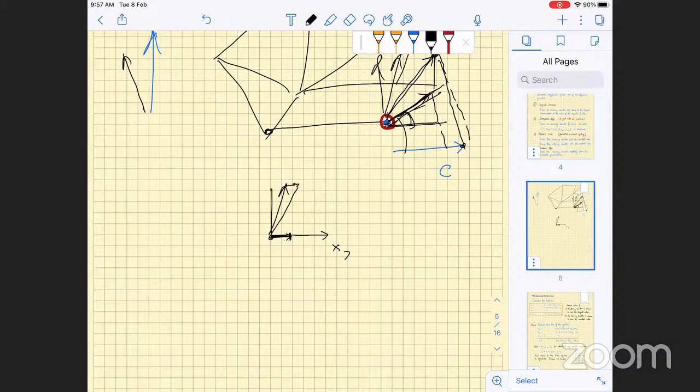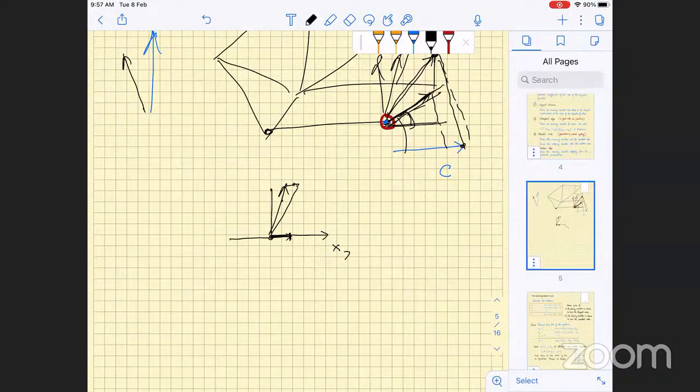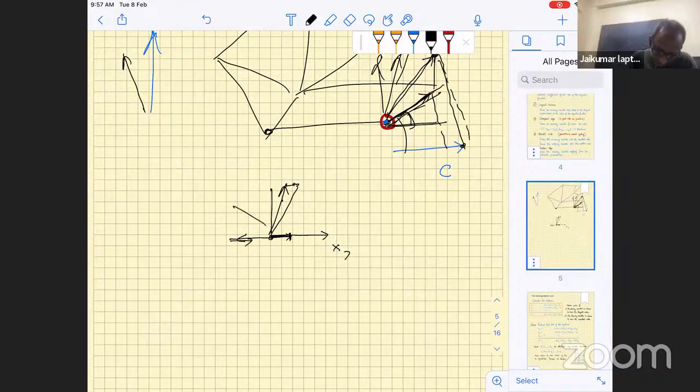You want this angle to be minimized. The amount of movement depends on where this vector is positioned. If the original vector was like this, then the movement is already in this direction. But if the original vector is like this, then we are trying to measure the length of this vector.